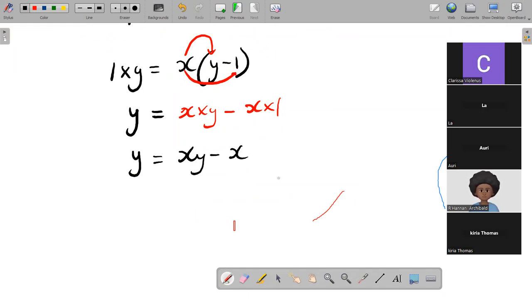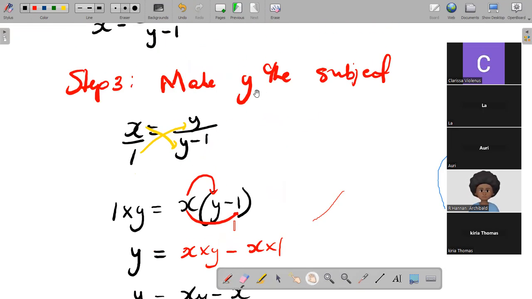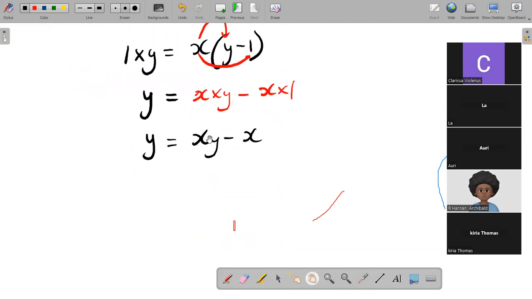Everybody see how we got here so far? All of this is algebra. Now, what did the steps ask us to do? Make y the subject. But we got a y over here, we got a y over here. So we're trying to get all the y's over on this side. So all I'm going to do is move this over. You confused?